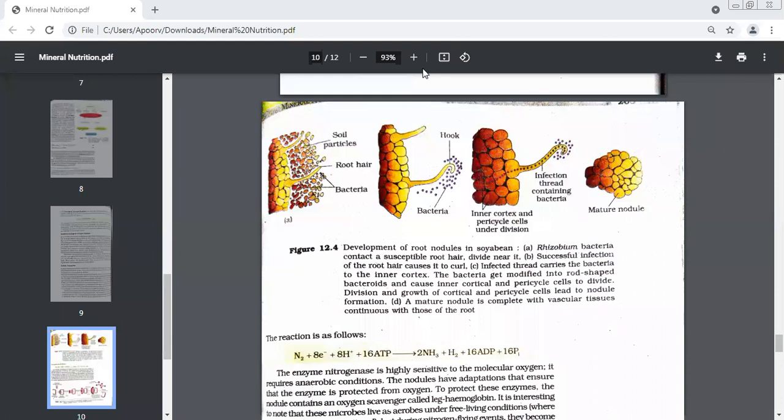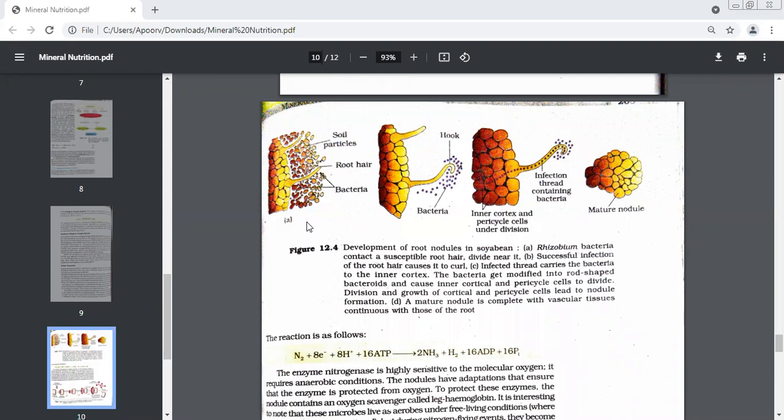What are these? There are two particles, yellow and brown. So one are soil particles. What are the other particles all around the root hairs? Rhizobia bacteria.